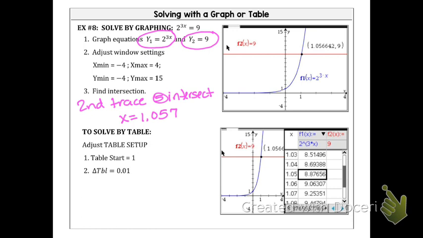And then we could do the same thing with the table, okay? So we could go to our table and look, and you want to find the one that's closest to 9. If you go to second window, that'll give you your table setup, because our tables are by whole numbers, and we want it to, well, they're showing 2 decimal places, but 2 or 3 decimal places, okay?